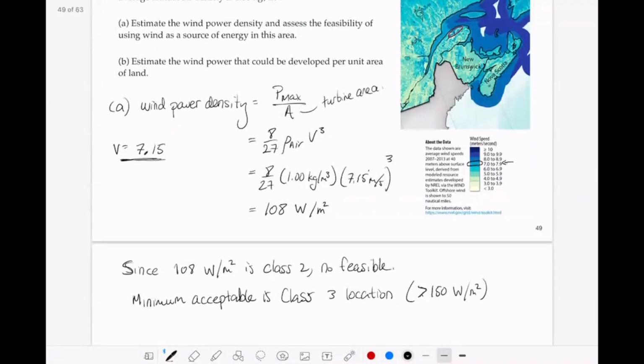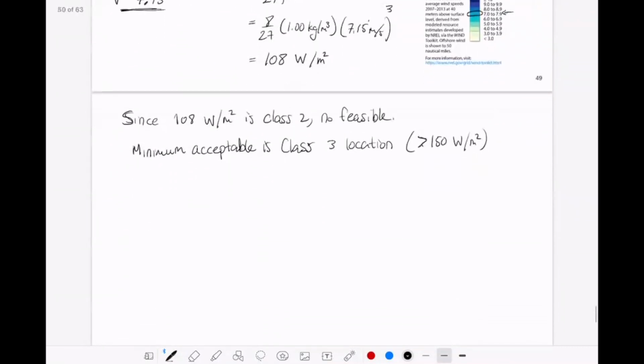So now let's find an estimate for the wind power that could be developed per unit area of land. So let's look at this. We want to find the power available per land area, so power per unit area of land.